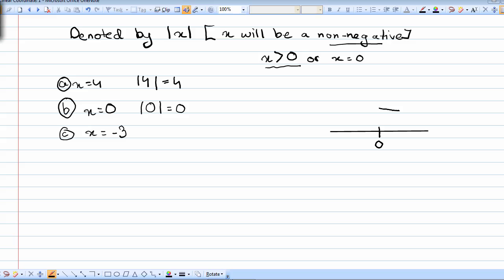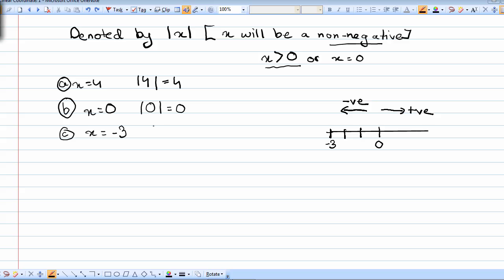This part refers to the positive coordinates, and obviously the opposite side refers to the negative coordinates. So let's assume this is minus 1, this is minus 2, and this is minus 3. The coordinate of minus 3 at this point will actually render something else.